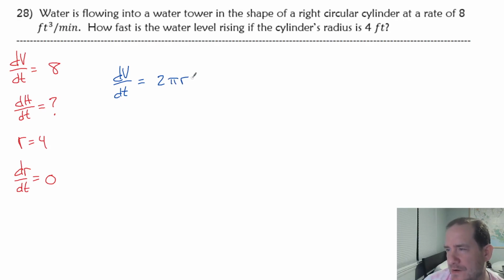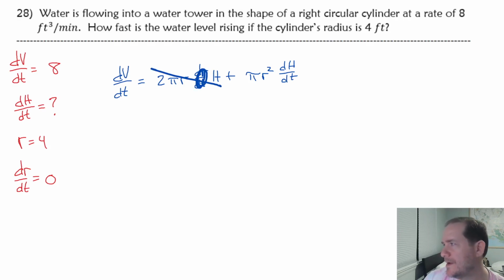So it's 2 pi r dr/dt times h, and then plus pi r squared dh/dt. So since this problem is basically the same situation, we again know that that's 0. So that whole term goes to 0, which means we'll just plug in our dV/dt, letting it be 8.